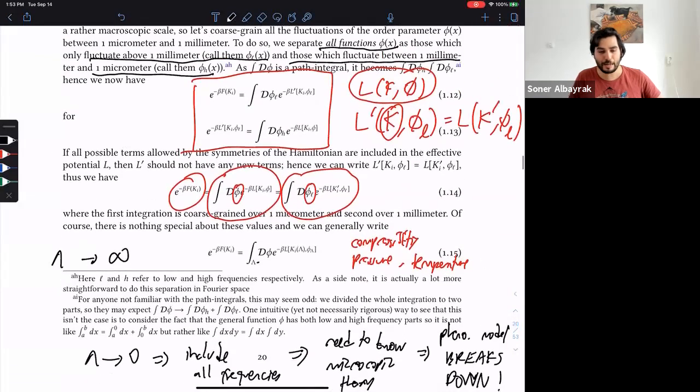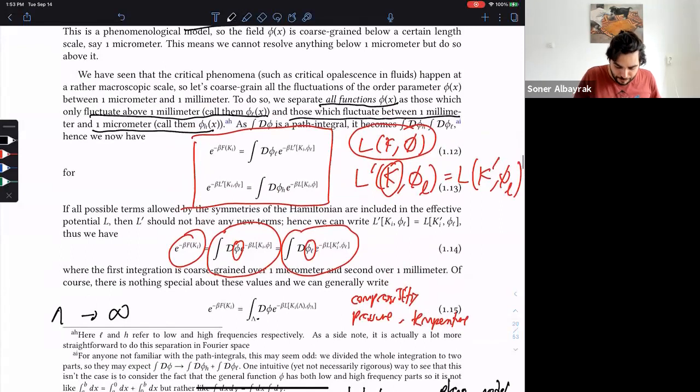That means I am coarse graining everything, getting rid of all details. Earlier I was saying I am getting rid of details below 1 micrometer or 1 millimeter. Let's assume I am getting rid of all details.